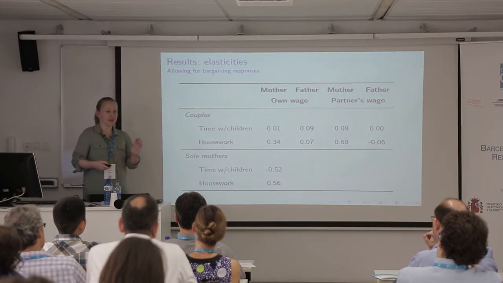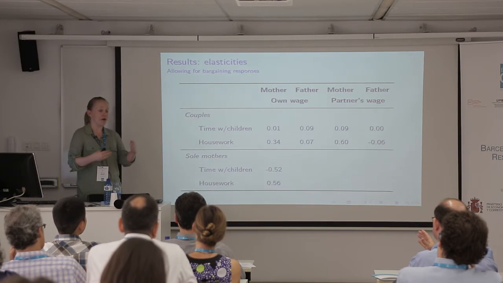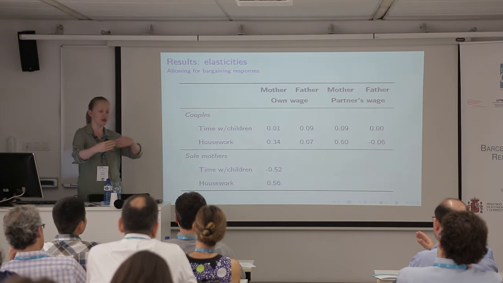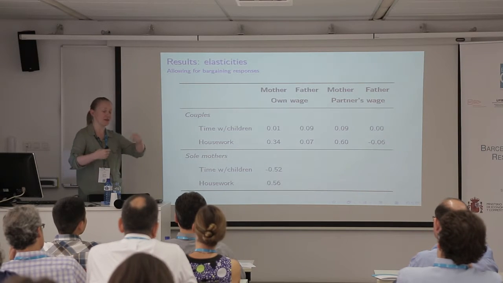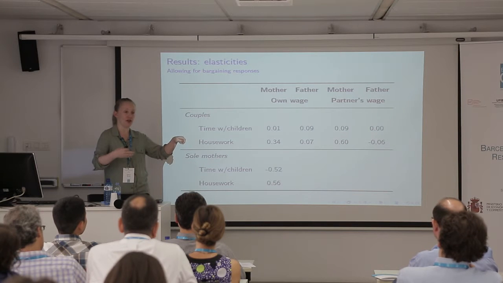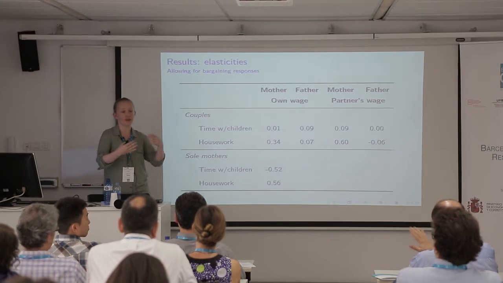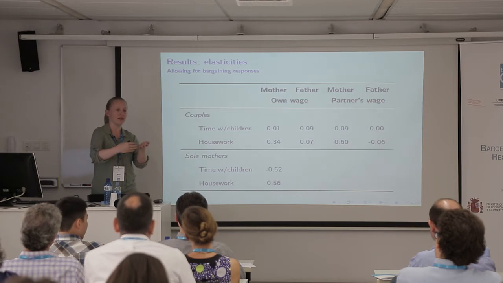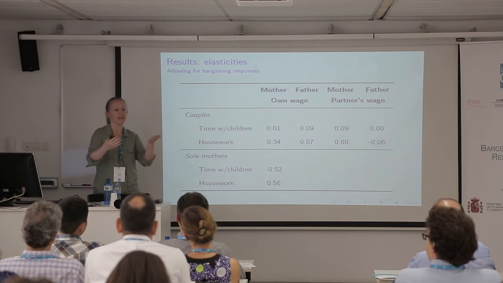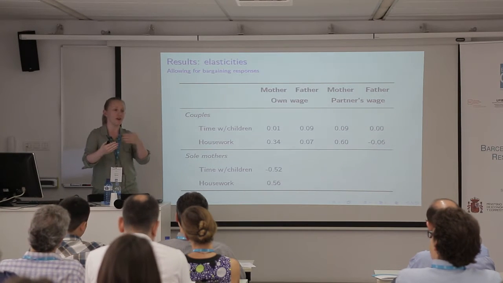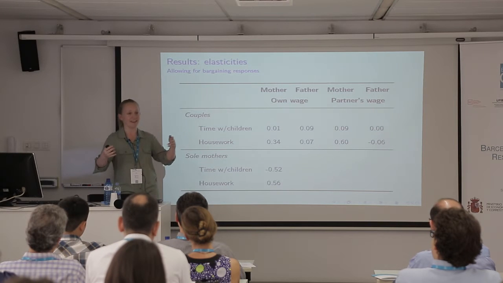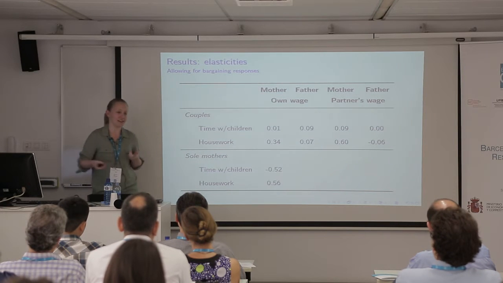No. I have discrete hours choice, but I allow that people can switch across hours choices when you change the wage. Yeah. So for example, you change the wage, and then the family might, there is a friction there, but then maybe on average in the population, you might think that it's somehow continuous.